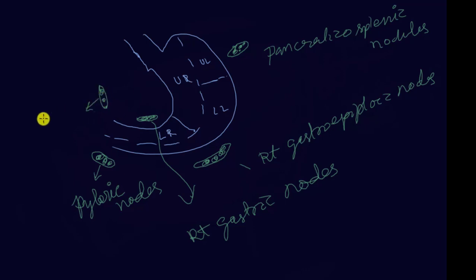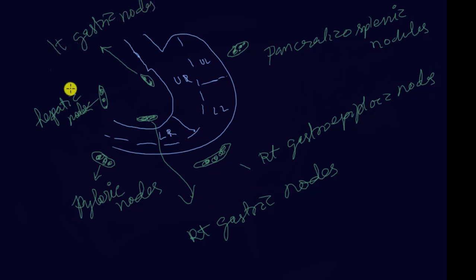They are known as the hepatic nodes. Like that, this is your right gastric nodes. At this point you will find the left gastric nodes.